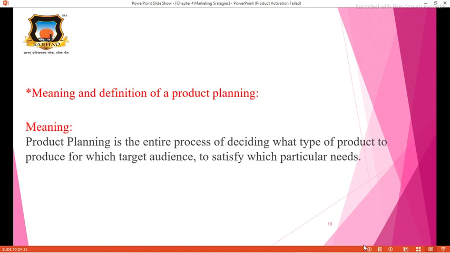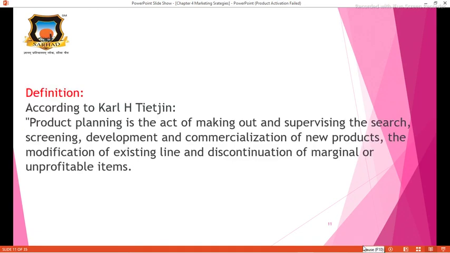Let us see the meaning and definition of product planning. Product planning is the entire process of deciding what type of product to produce for which target audience to satisfy which particular needs. Let us see a definition.